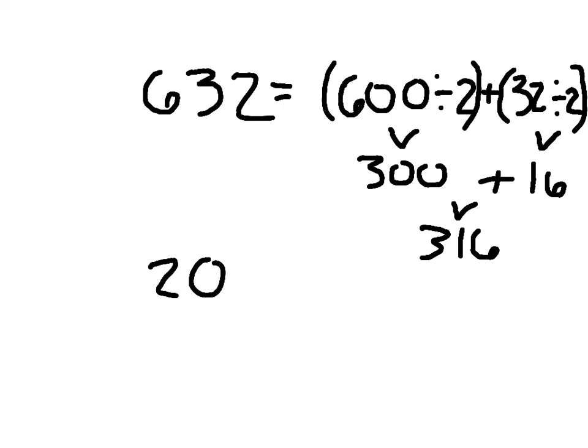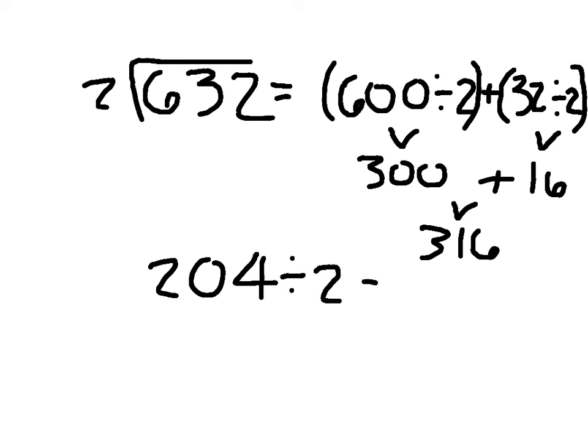We looked at another one. We had 204 divided by 2. You're looking at it going, oh, I know that. 200 divided by 2 is 100. 4 divided by 2 is 2. If I put those together, then I get 102.